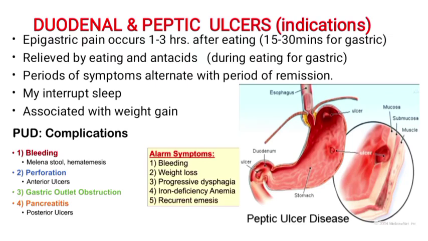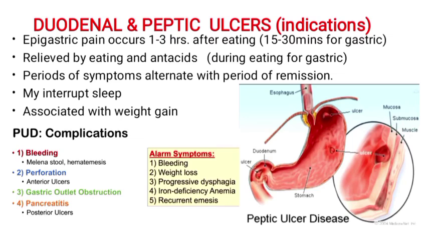Peptic ulcer disease is divided into duodenal ulcer and gastric ulcer.